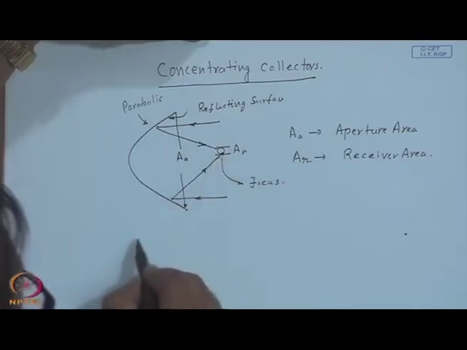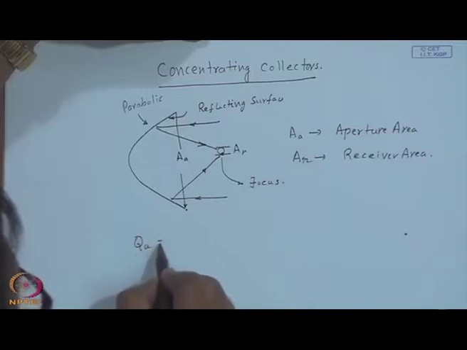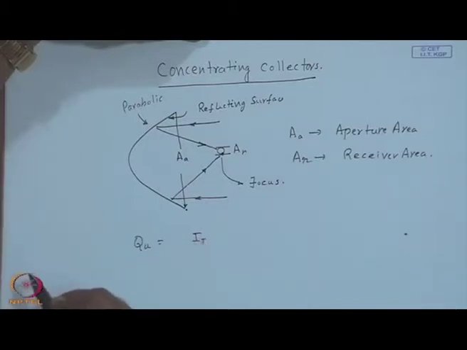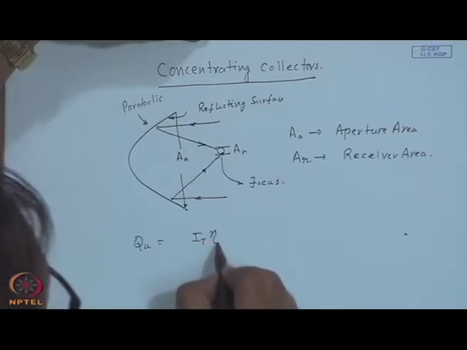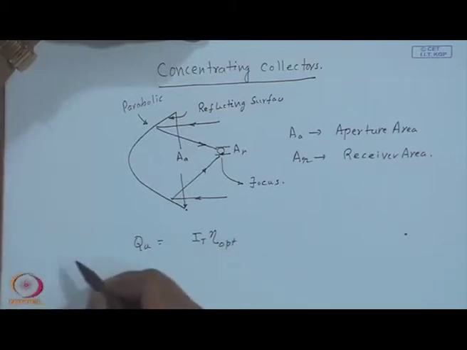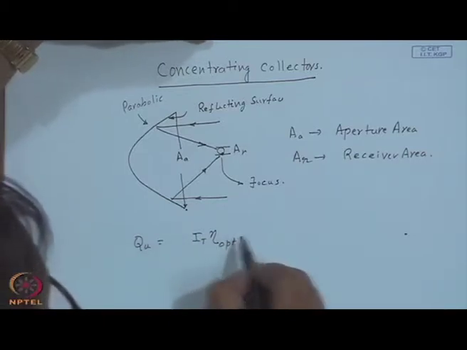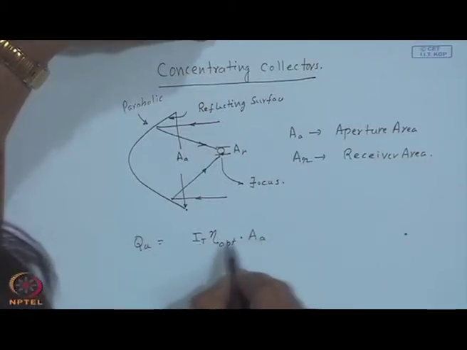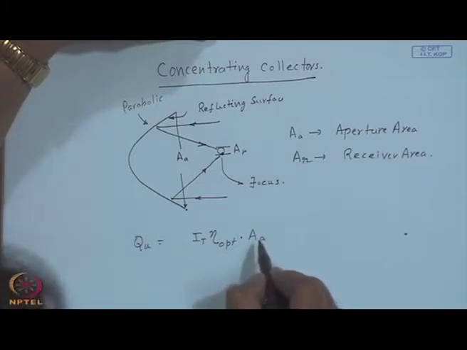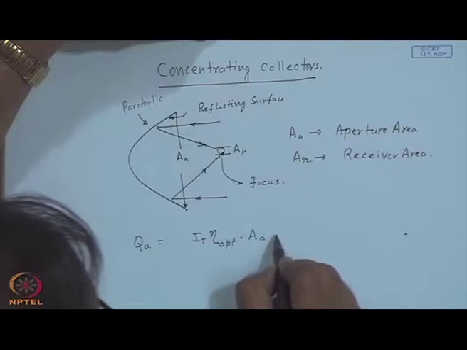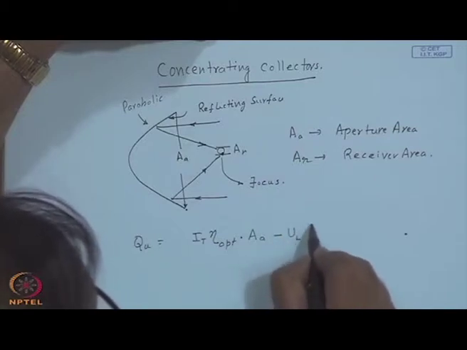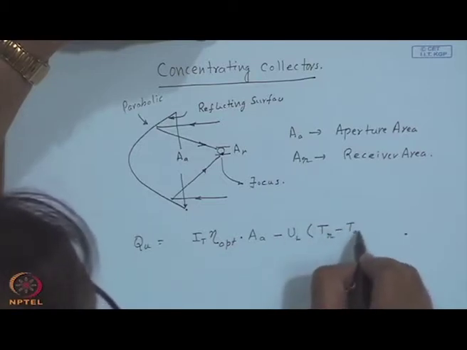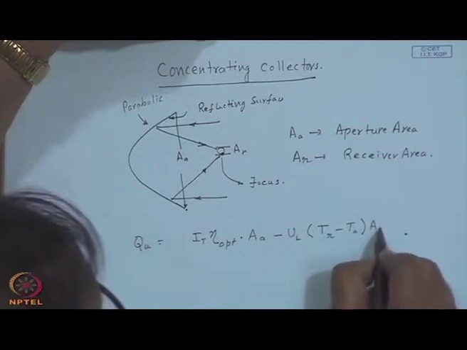So, now if I write the energy balance, QU should be equal to IT times some optical efficiency, I will call it eta optical for the time being, times AA. So, my solar radiation IT is based upon the unit area of the collector, or the aperture area, sorry, minus the losses that will be taking place from the receiver at temperature TR and the ambient temperature TA multiplied by AR.